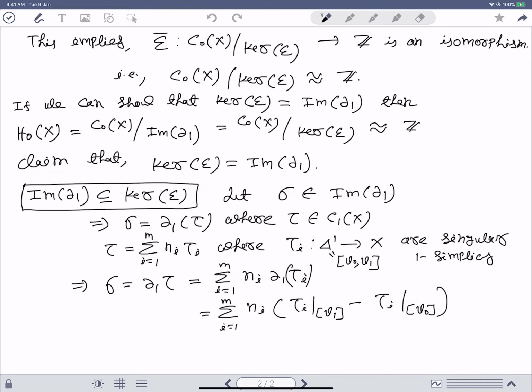Okay, so in short you can write it as summation n_i tau_i restricted over v1, that is, these are singular zero simplices, right, minus again summation i equal to 1 to m n_i tau_i restricted over v0, that is, it is also singular zero simplices.